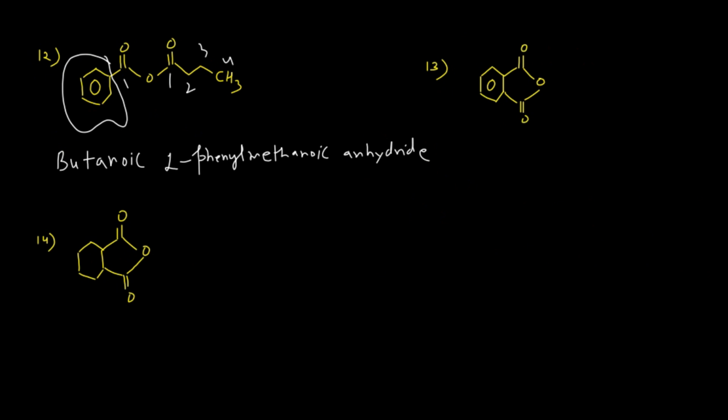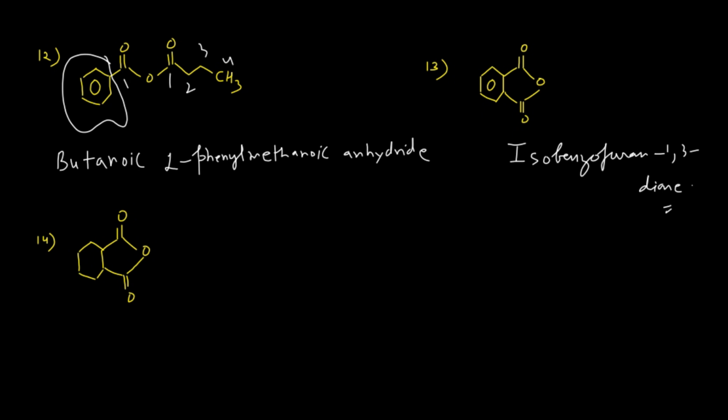So again, it's a heterocyclic type of compound. So for this you will write iso, and then benzo, and since it is the derivative of furan, you'll write furan-1,3-dione. This would be the IUPAC name, 1,3-dione.